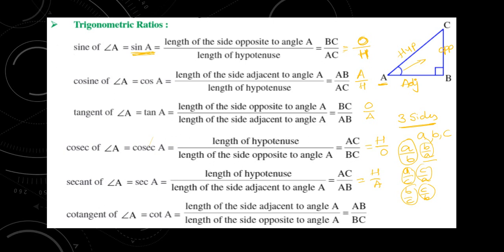We cannot write the whole word, so we made it short to 3 letters. This cot A is the reciprocal of tan A, which we can simply write as adjacent by opposite side.